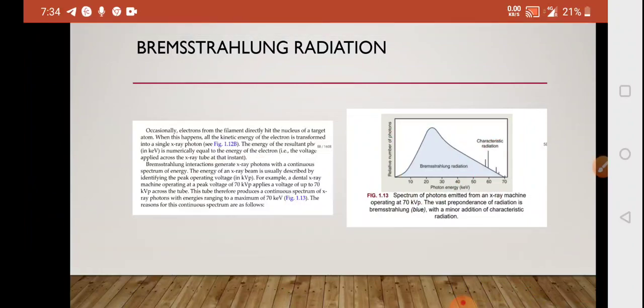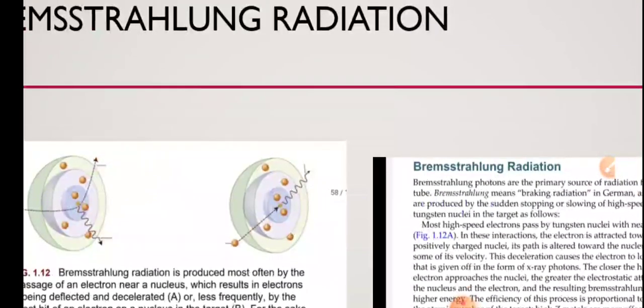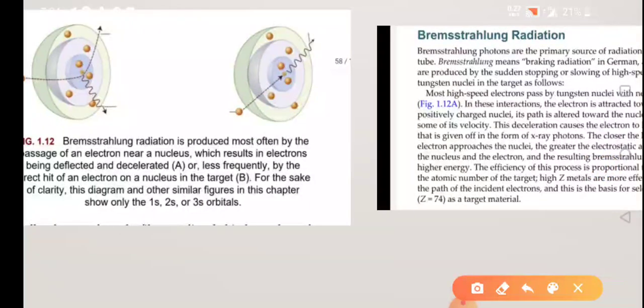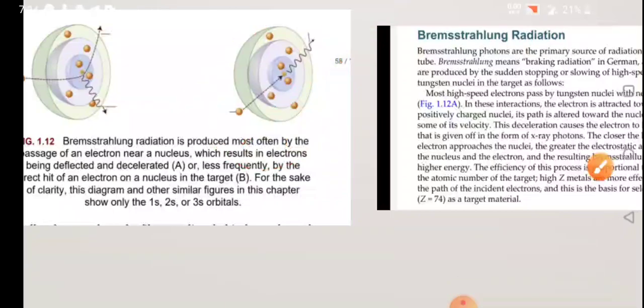The Bremsstrahlung radiation generates an X-ray photon with a continuous spectrum of energy. Nothing much to be known about this. As the paragraph was saying, suppose an electron with the incident energy of the X value, it is producing the photon of the X value only. So this is the way Bremsstrahlung radiations are produced in an X-ray.